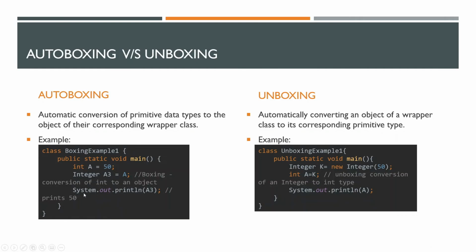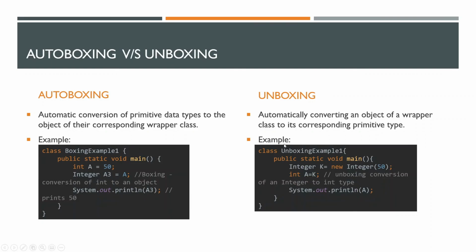When we print a3 using System.out.println, it prints 50 as we would want. Now, this may seem pretty obvious, but before the concept of autoboxing and unboxing was introduced, there were many more steps involved to convert a primitive data type into an Integer wrapper class.